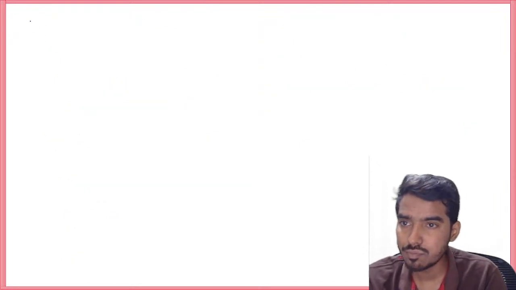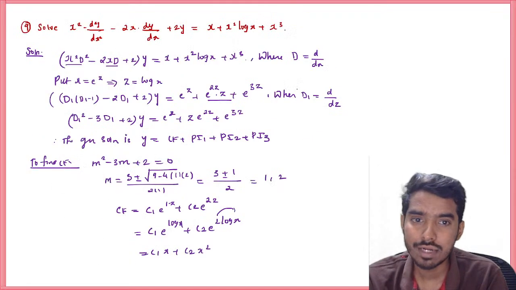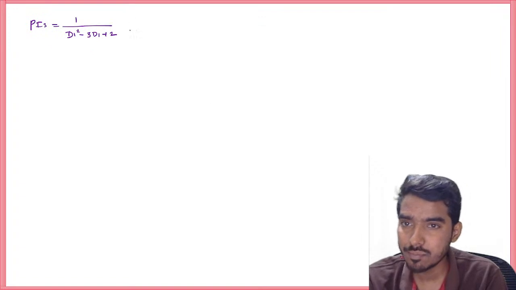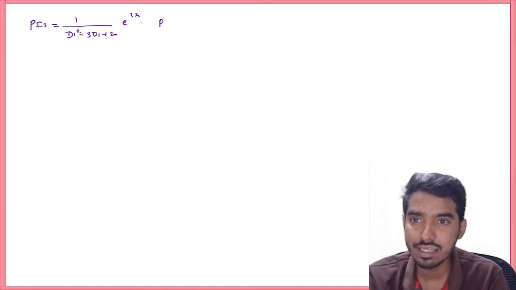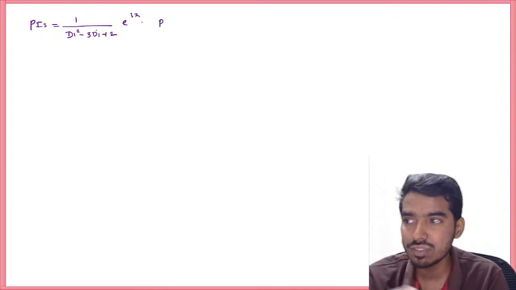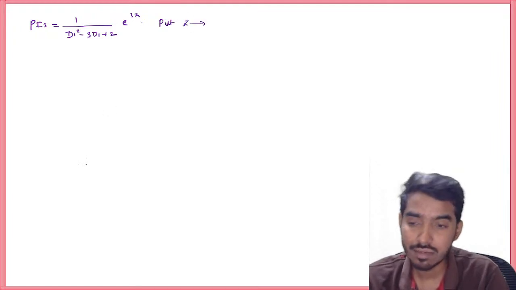Okay, so PI2 is done, now PI3: 1 divided by D1 square minus 3D1 plus 2, acting on e power 3z, right? Again it is considered type 1 of a second order linear differential equation with constant coefficients.